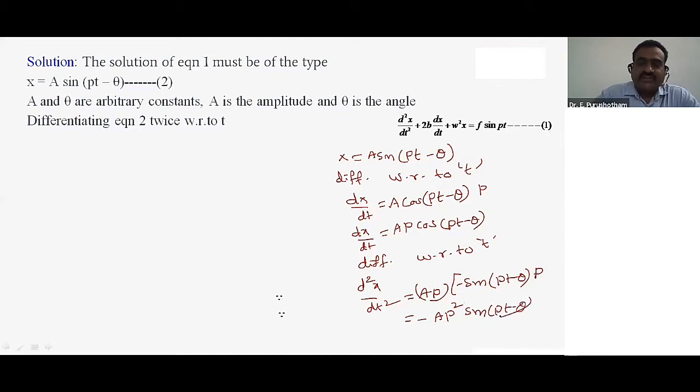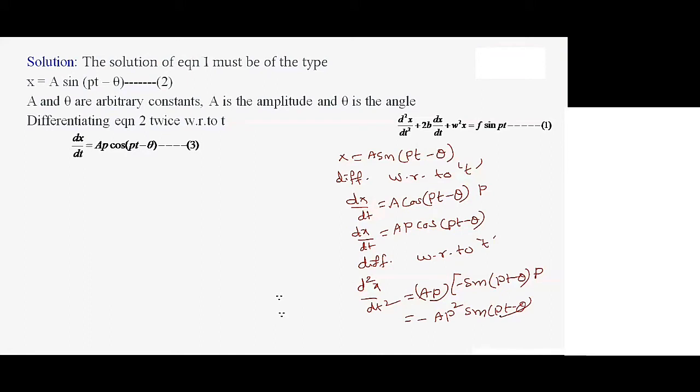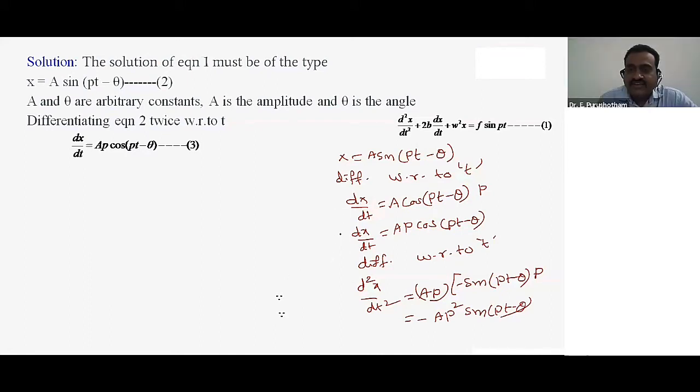You can observe on the screen: the first differentiation, equation 3, dx/dt is A p cos(pt − θ), and equation 4, d²x/dt² is minus A p² sin(pt − θ).